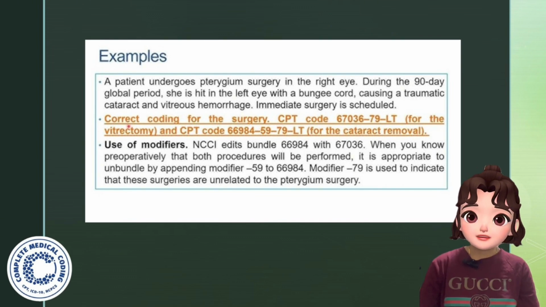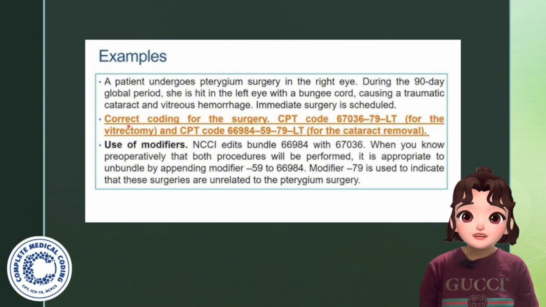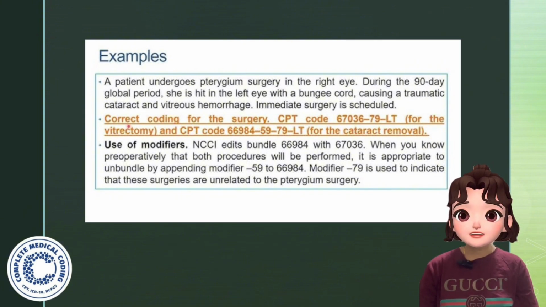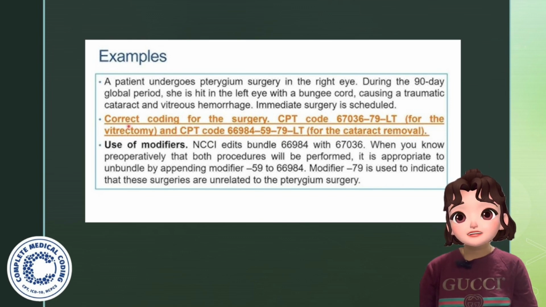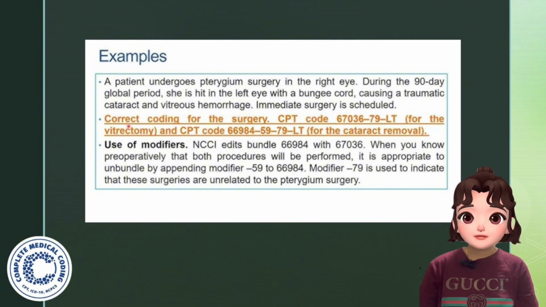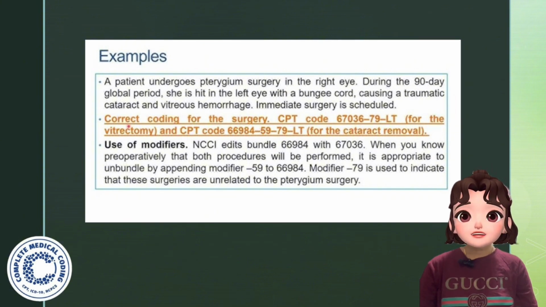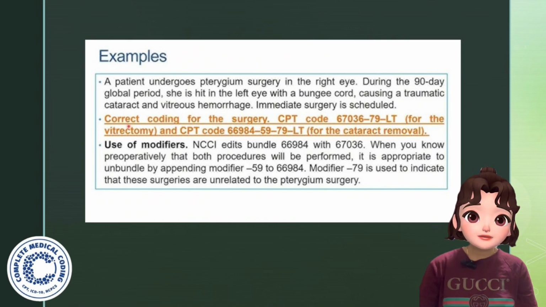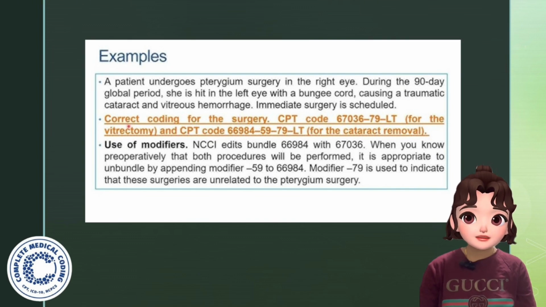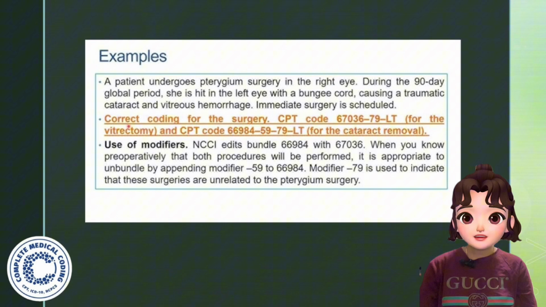59, distinct procedural service, to the cataract removal code, and then modifier 79 is used to indicate that these surgeries are unrelated to the pterygium surgery. Both these surgeries are not related to the first initial pterygium surgery. That is why modifier 79 is used.